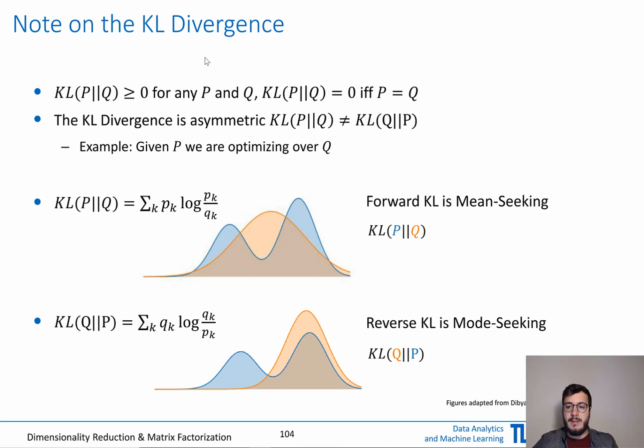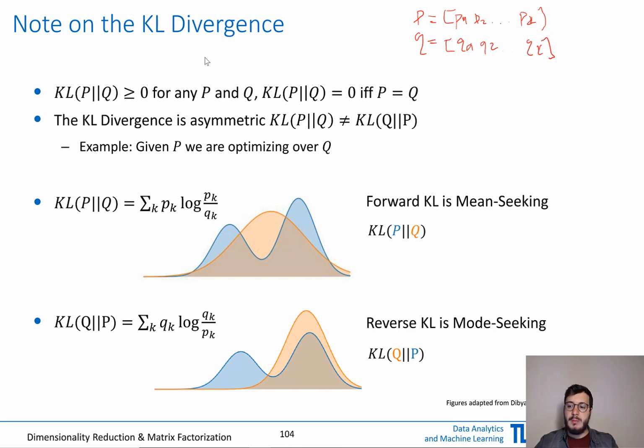So again, we have some generic distributions, P and Q, which for the moment we can assume are discrete distributions over k elements. We have P1, P2 until Pk, and Q is also a discrete distribution, Q1, Q2 until Qk.